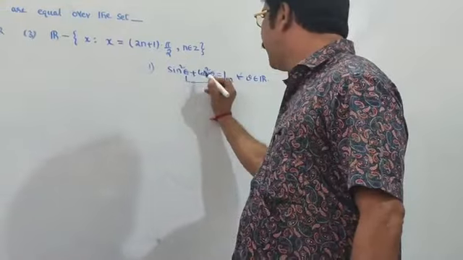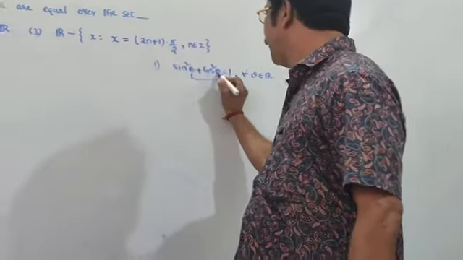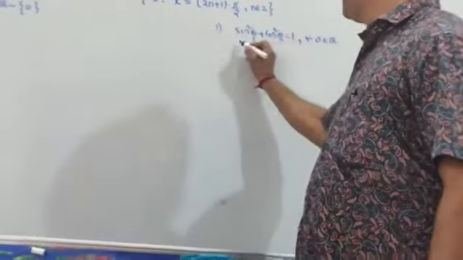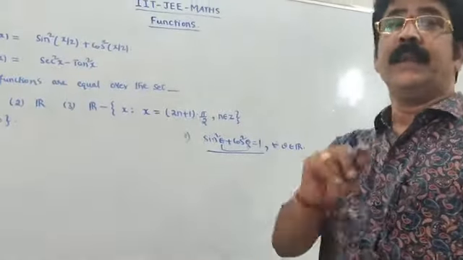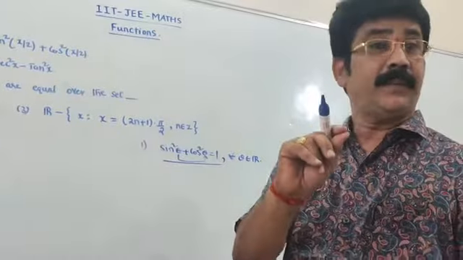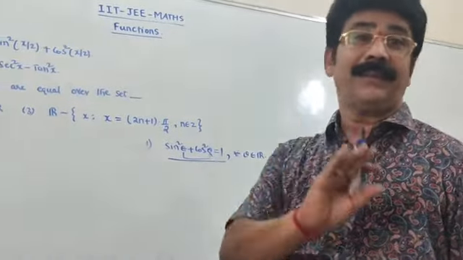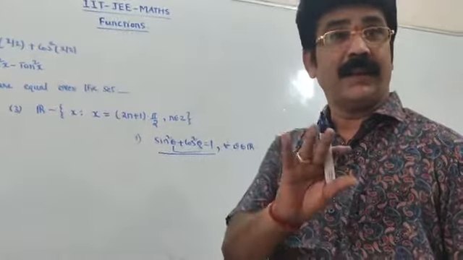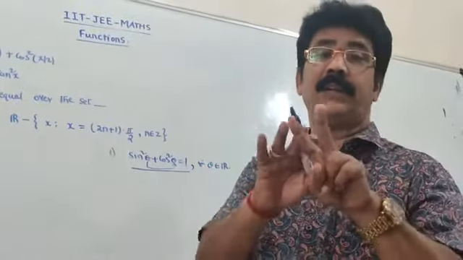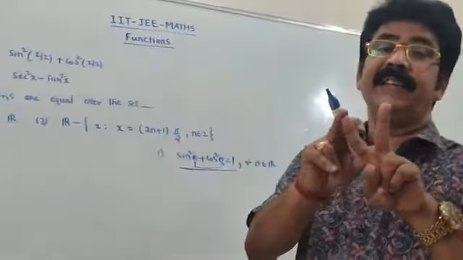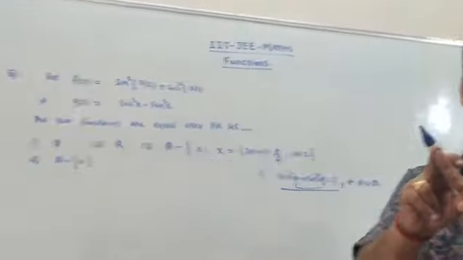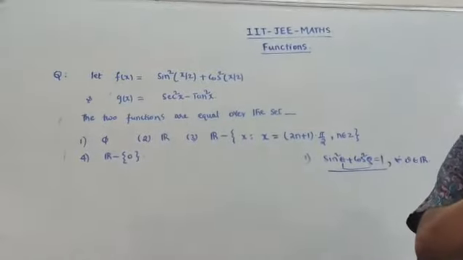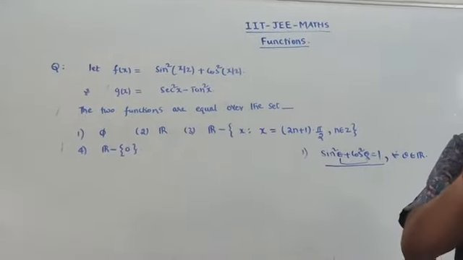But here theta will be the same in both. In that case only, sin square theta plus cos square theta is equal to 1. Remember, sin square theta plus cos square alpha is not at all equal to 1, because theta is not equal to alpha. If you put 30 degrees, you put 30 degrees here; if you put 45 degrees, you must put 45 degrees here.